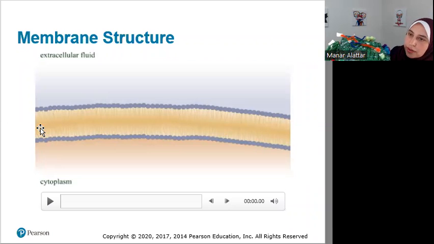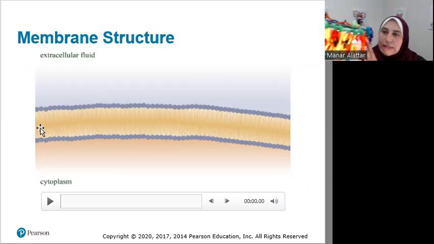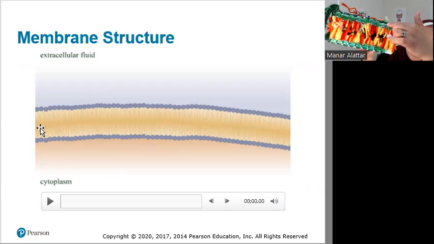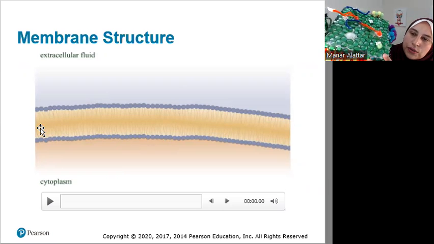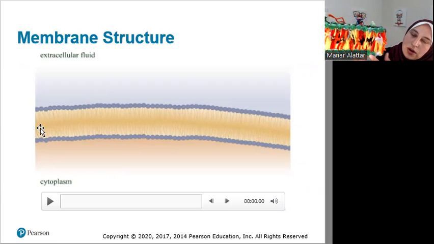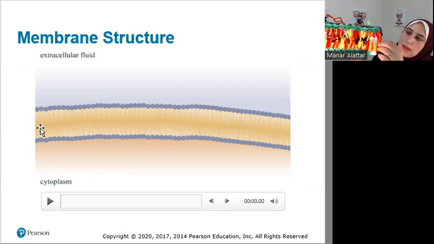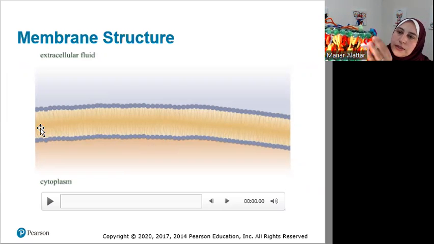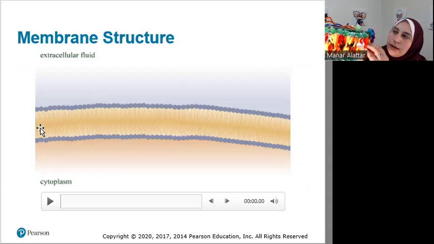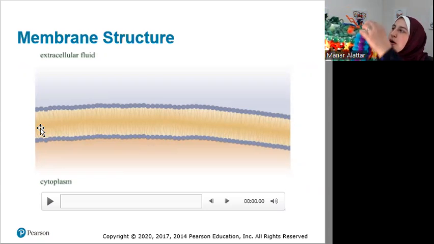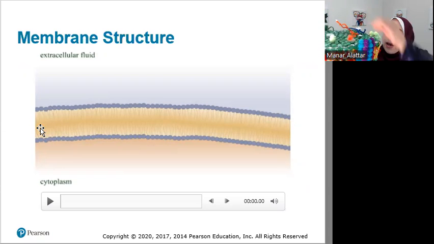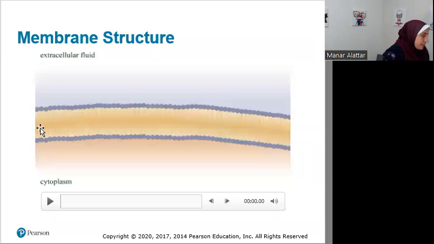Both of these are art integration projects from previous classes, where you can see those hydrophilic heads covering the whole surface of the cell and also the inside of the cell. And these hydrophobic tails allow for that internal layer within the plasma membrane. And then you have things like transmembrane proteins or different types of lipids and sugars that are on the external side of that cell membrane. Okay.